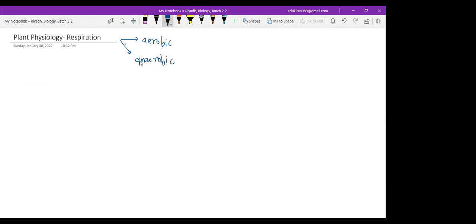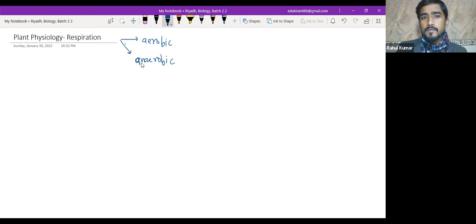A better scientific term is that aerobic is oxygen dependent, which means if there is no oxygen, aerobic respiration will cease to happen. Whereas anaerobic is oxygen independent.